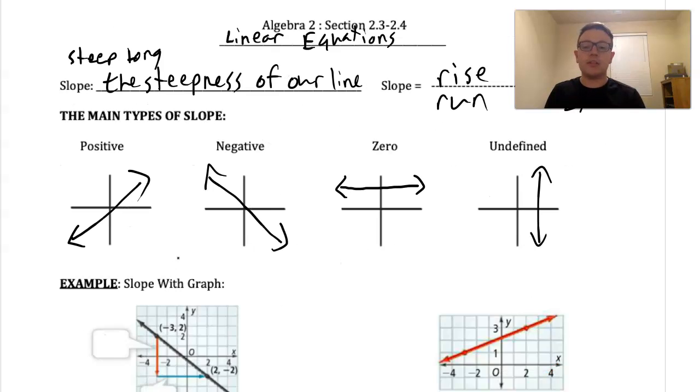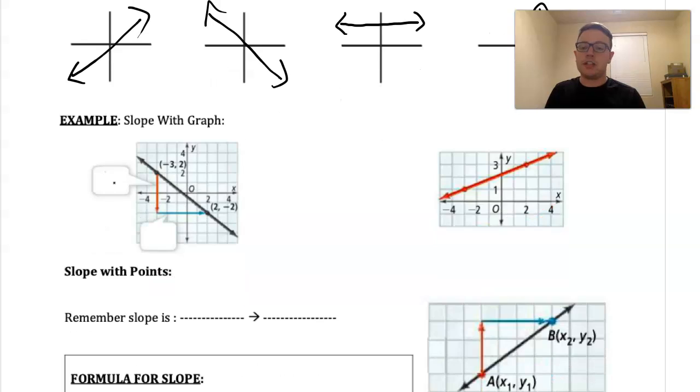Now how do we determine our slope? Well, we said our slope is our rise over our run. So if we have a graph, we look for 2 points like this one and this one. We say, how much are we rising or falling? Well, we go down 1, 2, 3, 4. So we go down 4. And then we go over right.